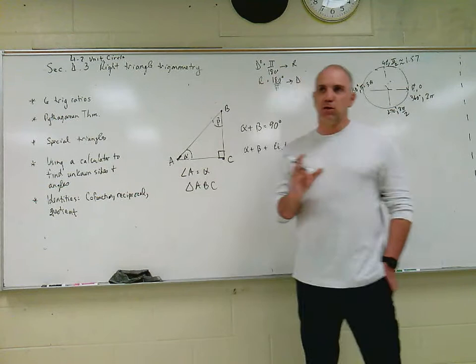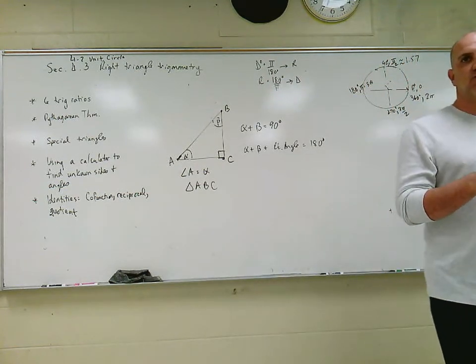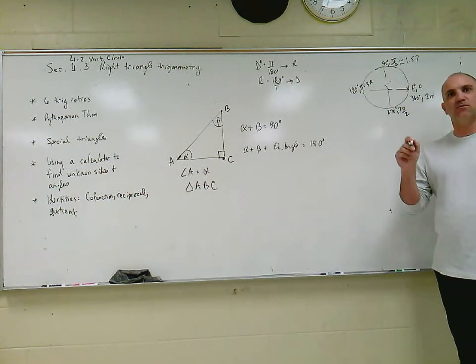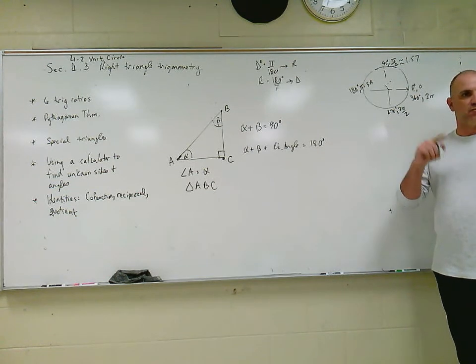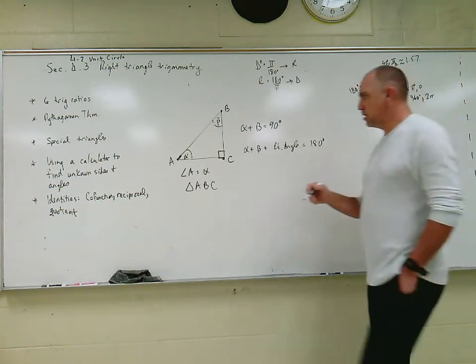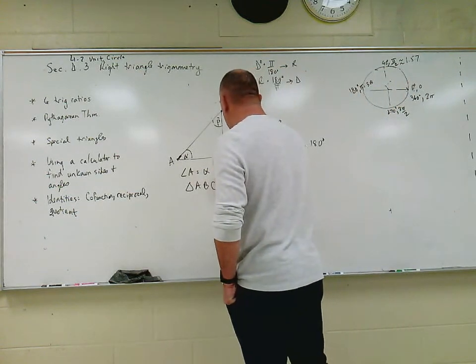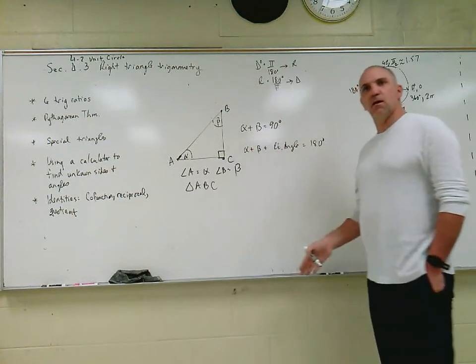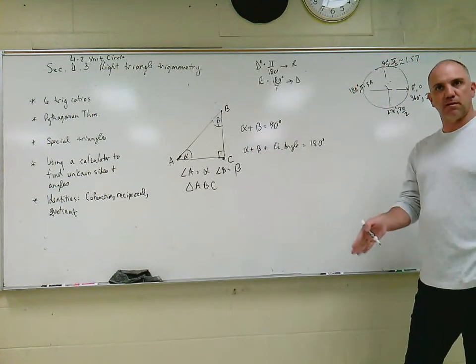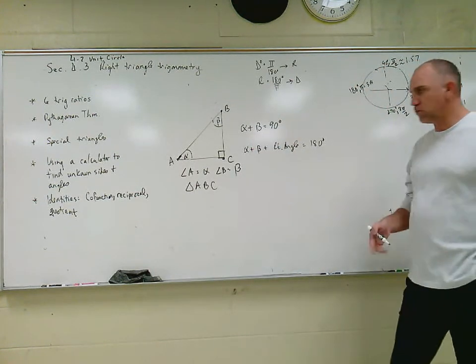So I'm reducing the words into symbols. Instead of having to write angle A, we just write alpha. We use the first Greek letter. In lieu of writing angle B, I write beta. Beta looks like a capital B with a longer vertical part.